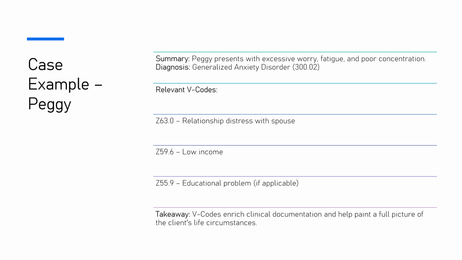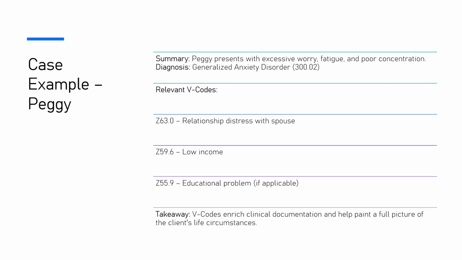So here's an example of how this would look. Of course, this is Miss Peggy that we have for our anxiety disorder. We diagnosed her with generalized anxiety. That is the DSM-5 code. I'm sorry that I'm missing the ICD-10 code, but that will go first, and then you will see below it the Z codes that follow it. Now you see she had relationship stress with spouse, low income, and educational problems.